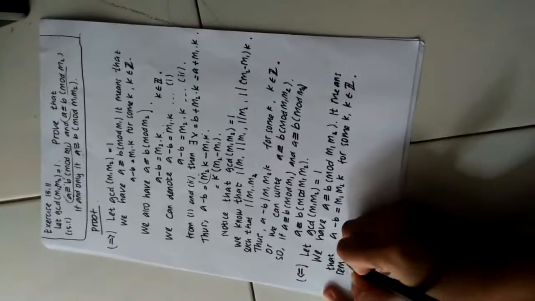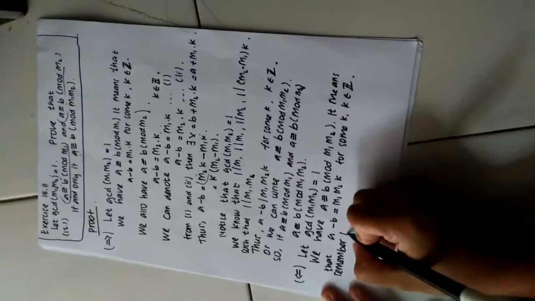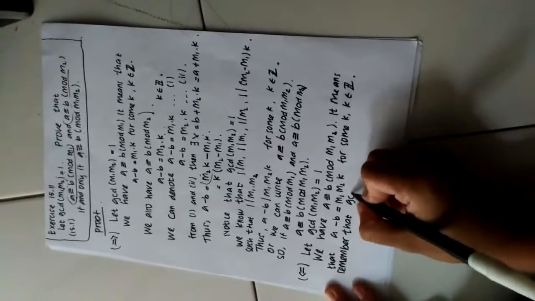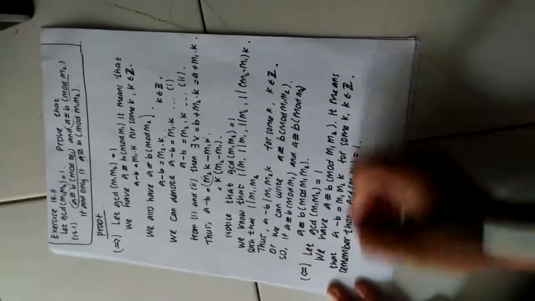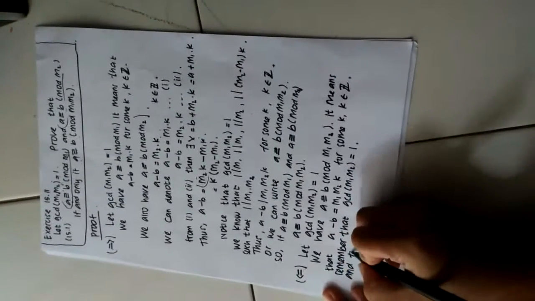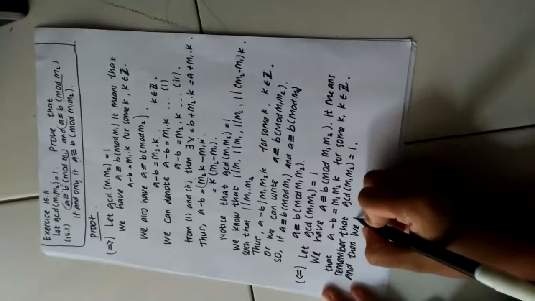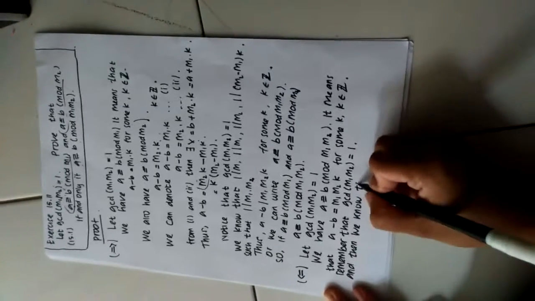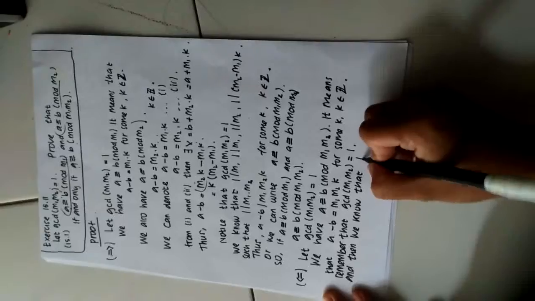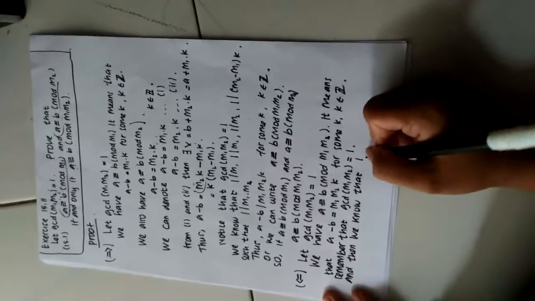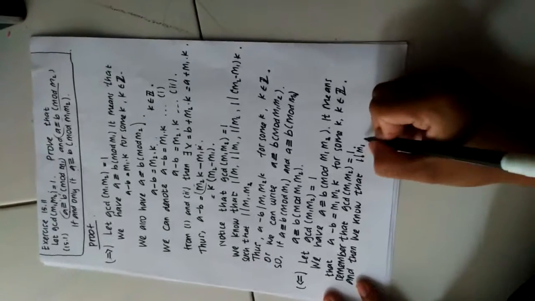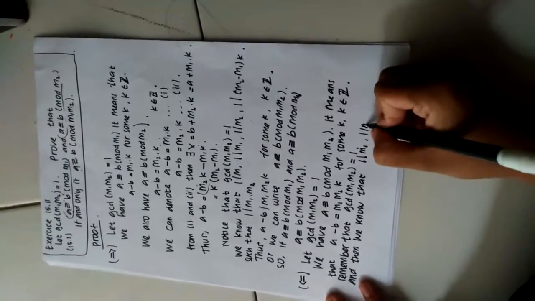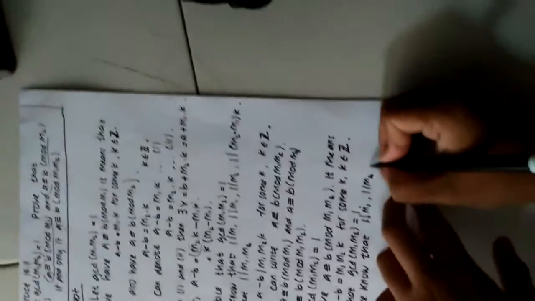Remember that gcd(m1, m2) = 1, and we know that 1 can divide any number, so 1 divides m1, 1 divides m2, and 1 divides a − b.